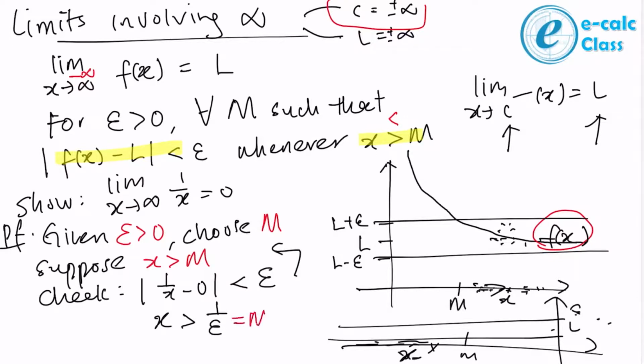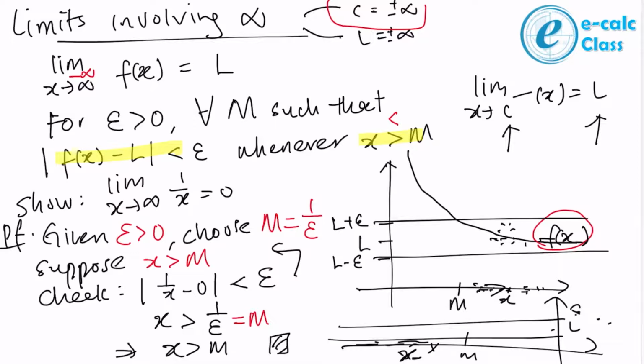This is just your m. M equals 1 over epsilon. Hence, you have x greater than m. End of proof. So this is the limits involving infinity for when c equals infinity.